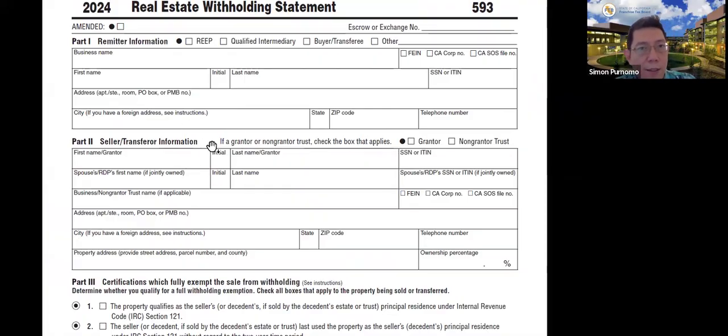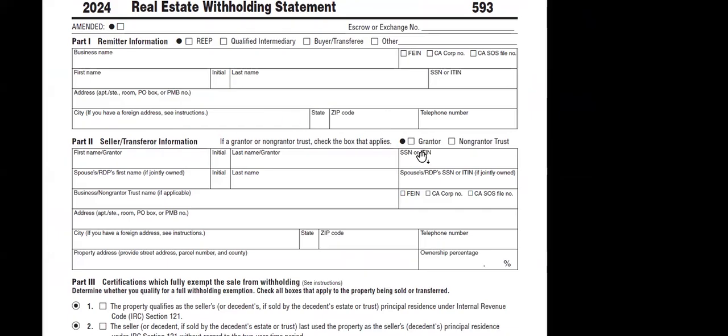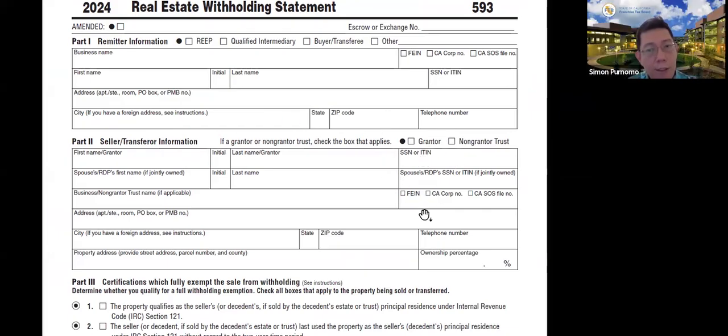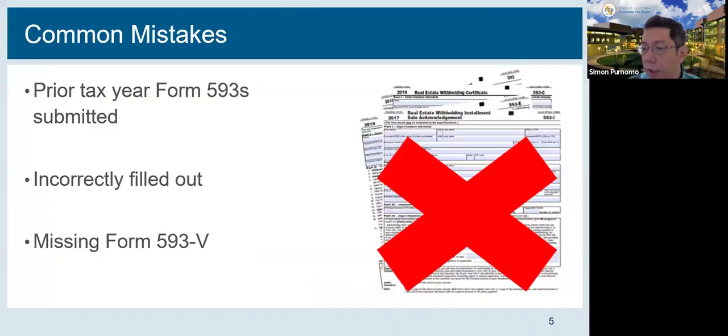We have seen that the seller inputs the trust name combined with the social security number, whereas the FEIN should be included. We are also seeing that the check is sent without a payment voucher, which is the Form 593V, which can delay the processing of the check.